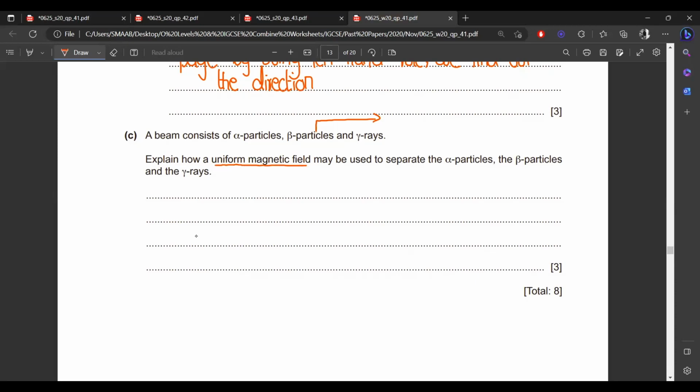So alpha and beta both deflect in opposite direction, right? Right. So alpha and beta will deflect in opposite direction.